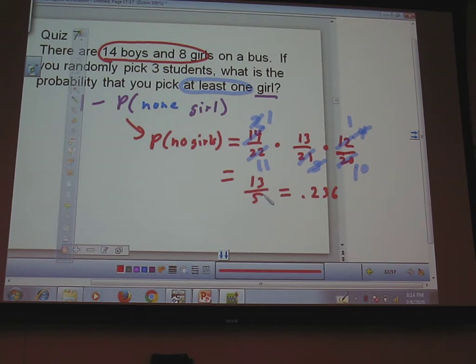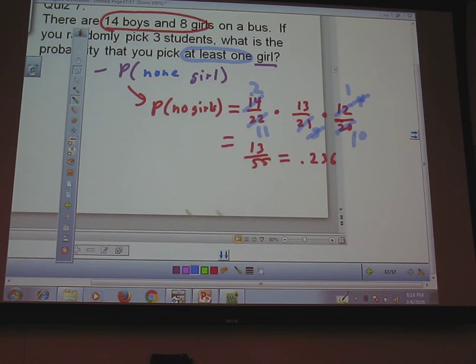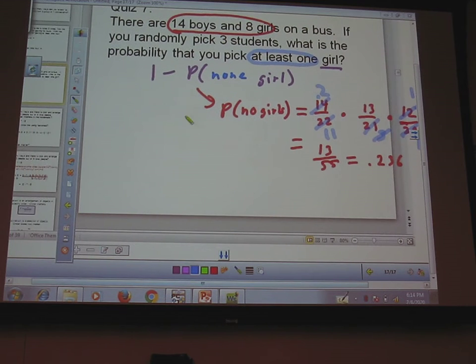Okay, I don't know what I screwed up along the way. Because you didn't times the 13 times. All right, so here we have, oh, I know why. This is still 2. 0.236. So we want to do 1 minus that, right?